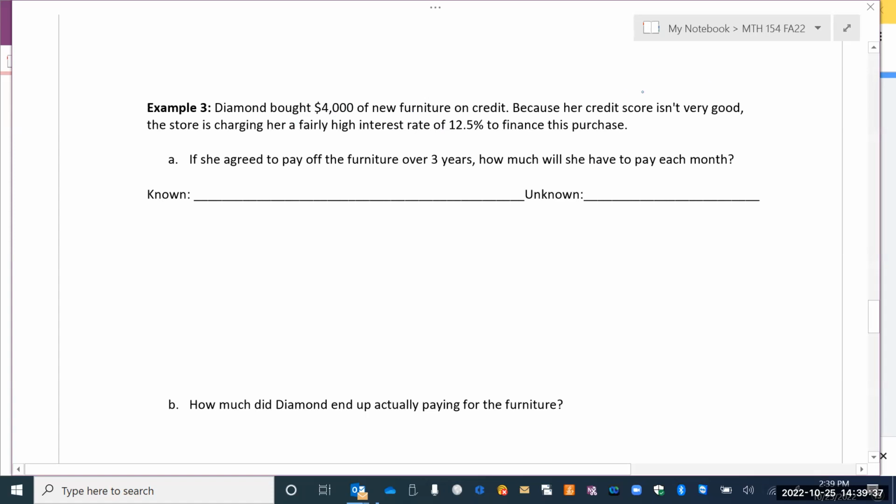So her PO is 4,000. Her R is 0.125, and this K is 12. And we need D, so we need the monthly payment.